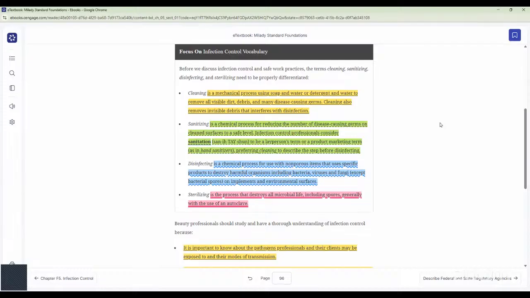Okay. Cleaning, mechanical process using soap and water or detergent and water. Does that remind you of washing hands? Remove all visible dirt, debris, and many disease-causing germs. Cleaning also removes invisible debris that interferes with disinfection. I could just take a wipe and just wipe the station.